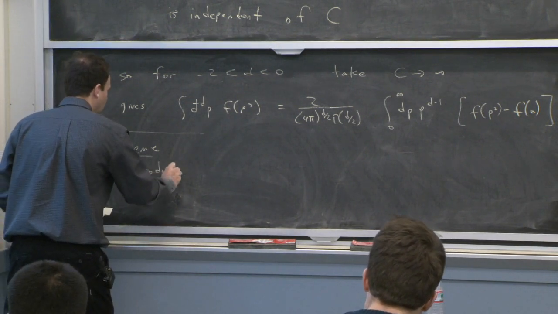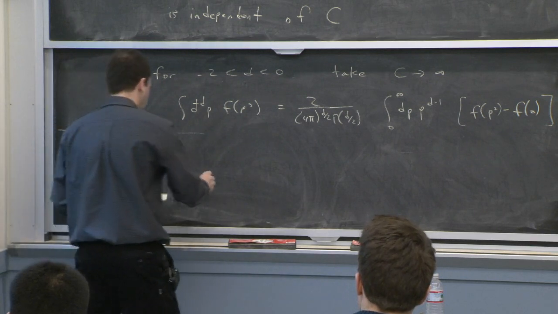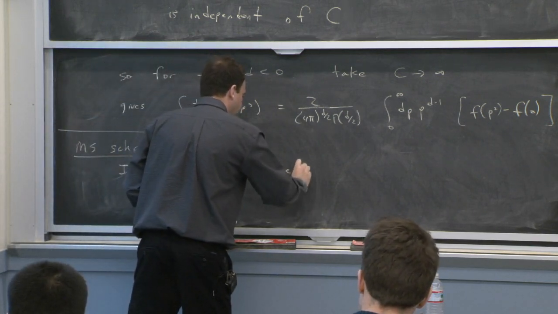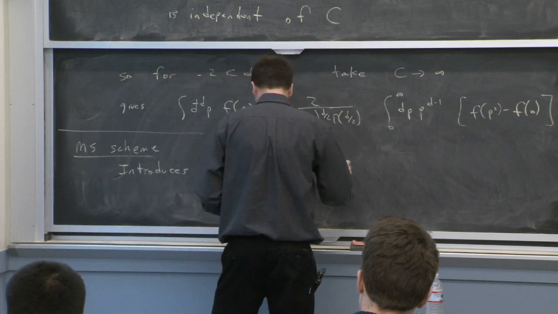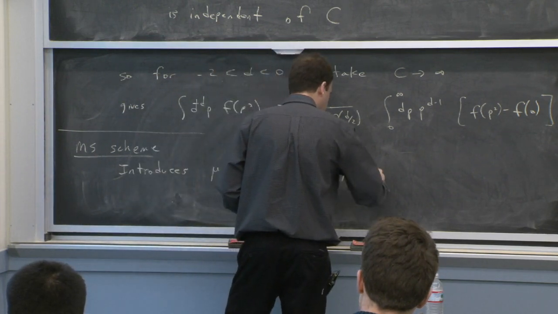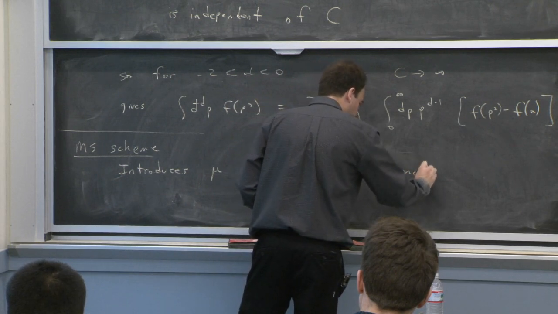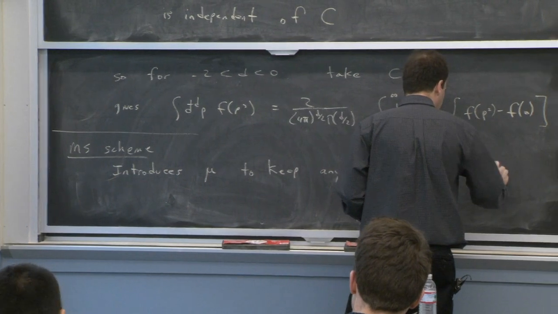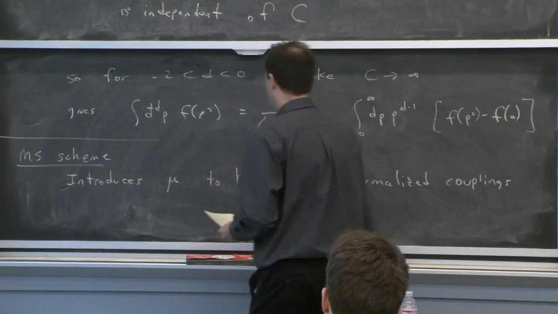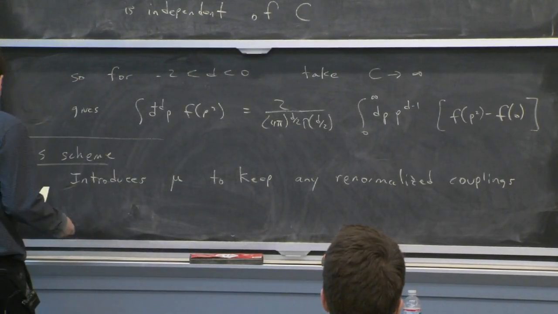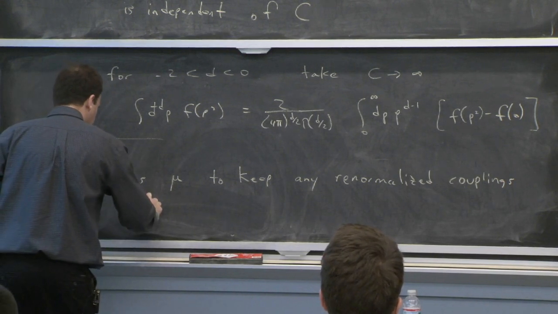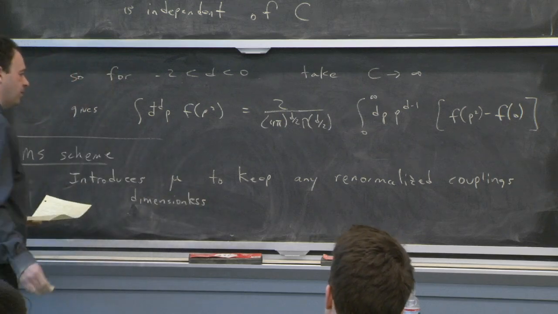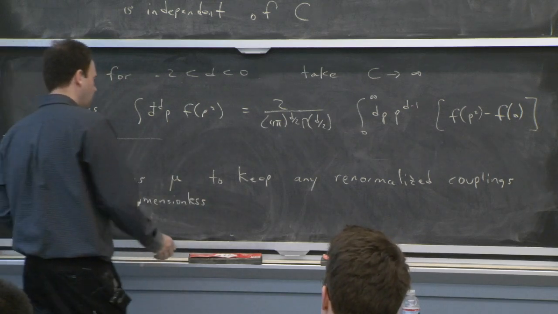So we talked about dimensional regularization. Let's talk about the MS scheme. So if we've set up our effective theory in a way where we've made the mass scale explicit, which is often a nice thing to do, and we did that when we set up the effective theory where we had the capital M showing up explicitly.